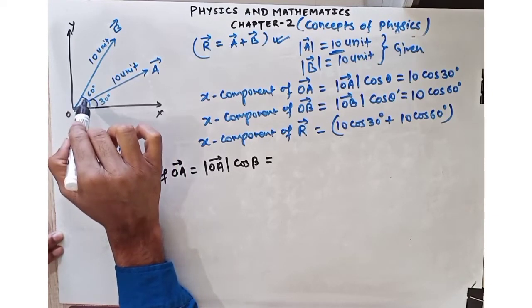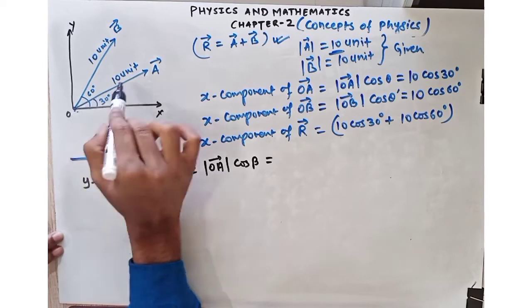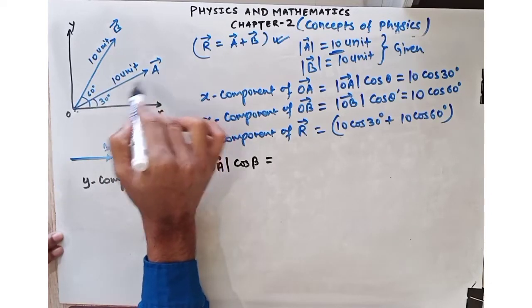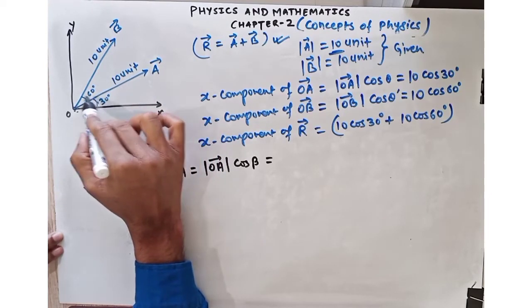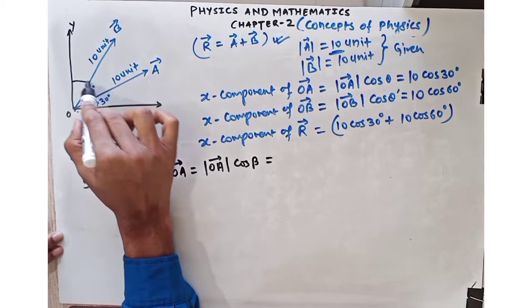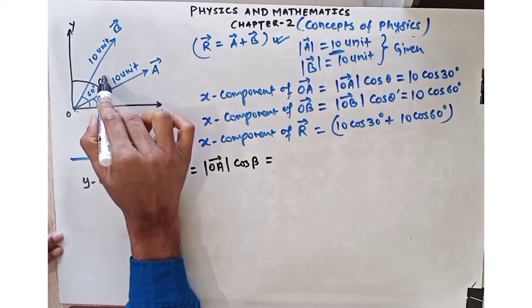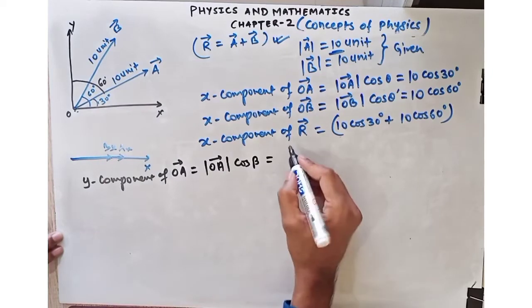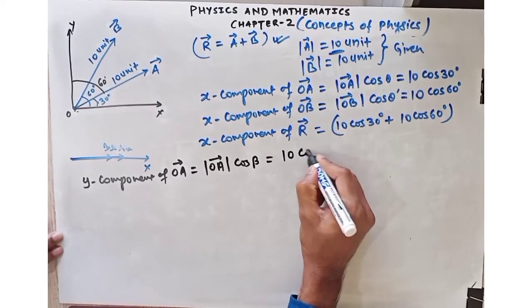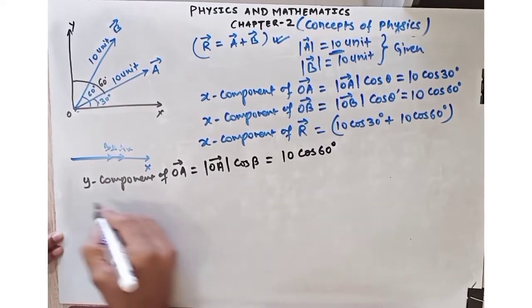The y component of vector OA would be magnitude of vector OA times cos beta. Beta is nothing but the angle made with the y-axis, not the x-axis. So we will be measuring how much angle these vectors make with the y-axis. Vector A makes an angle of 30 degrees with the x-axis, so the remaining angle is 60 degrees. So vector A makes an angle of 60 degrees with the y-axis. I can write it down as 10 cos 60 degrees.